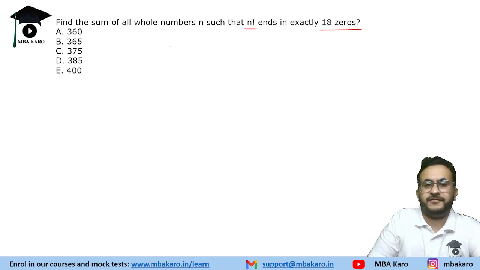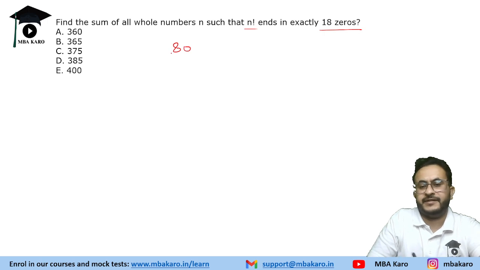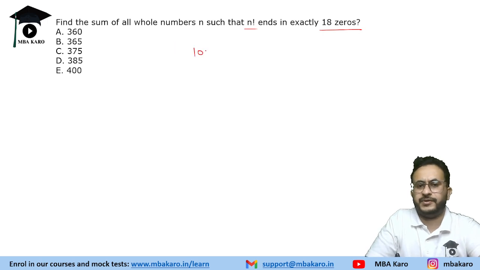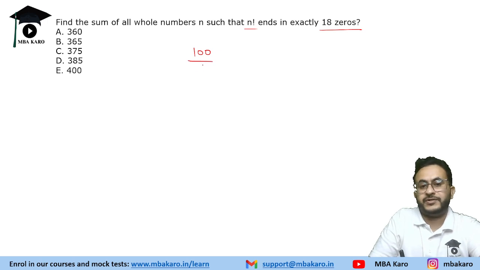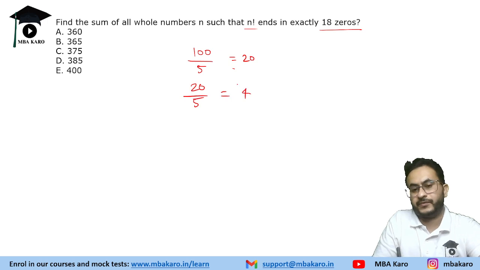Let us say we have to find the number of zeros in 100 factorial. First of all, divide by 5. What do we get? 20. 20 divided by 5, you will get 4. Now we cannot divide 4 by 5. So the total number of zeros is 24.